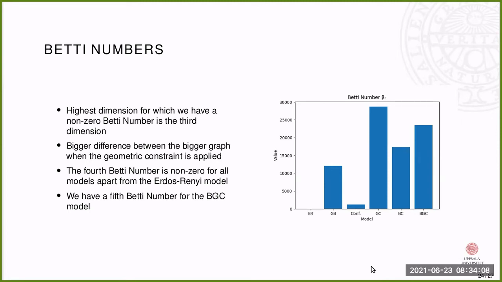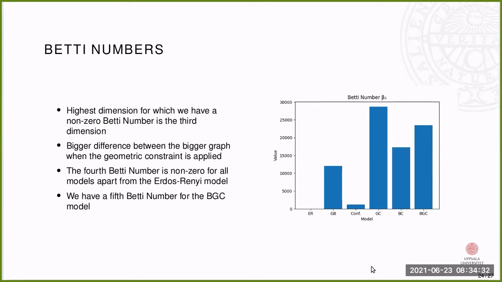The next one I wanted to look at was the configuration and the geometric configuration model. We see a large difference between these 2 models, showing how the geometric constraint influences the complex connectivity on a global scale.